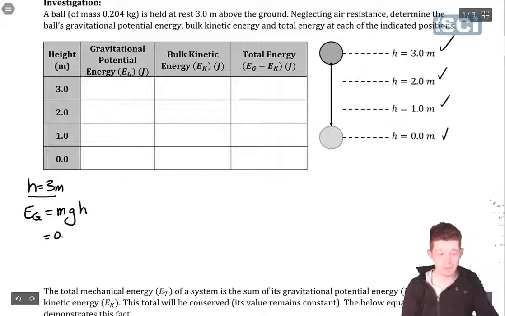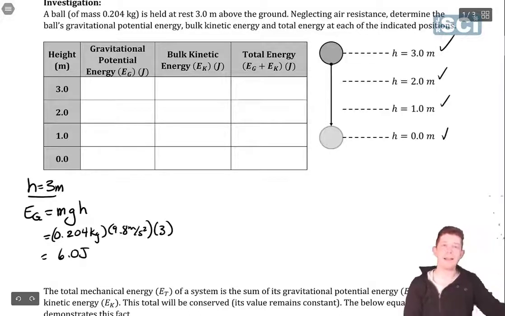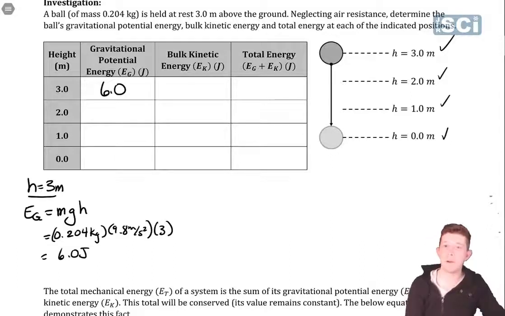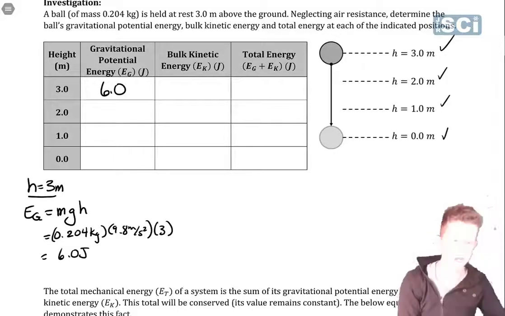I put in my number, 0.204 kilograms, multiply that by 9.8 meters per second squared, and multiply it by 3, and I should get a value of 6.0 joules. So at 3 meters high, the gravitational potential energy of this object is 6.0 joules. And the units are in the table header, so I don't need to put them down right now.